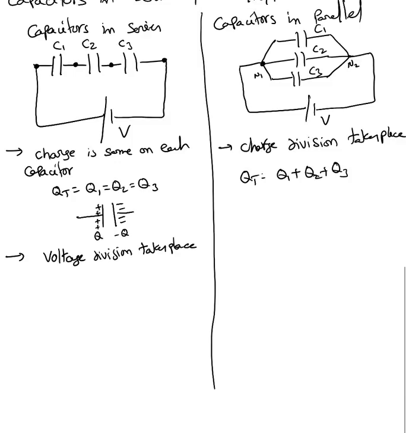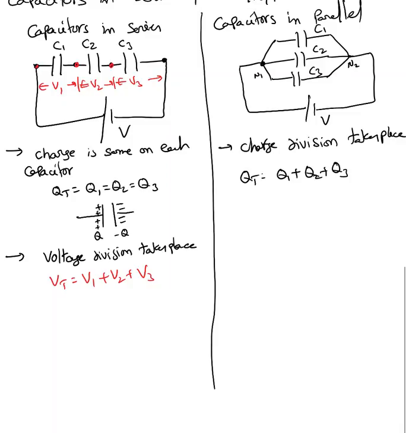So when the capacitors are in series, the voltage is going to divide. So here is V total. Between this node and this node, I have V1, V2, and V3. So V total equals V1 plus V2 plus V3.